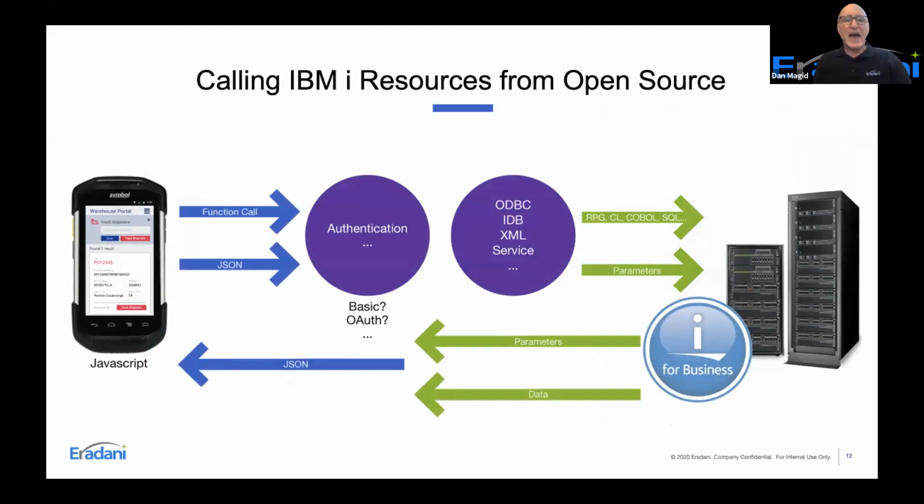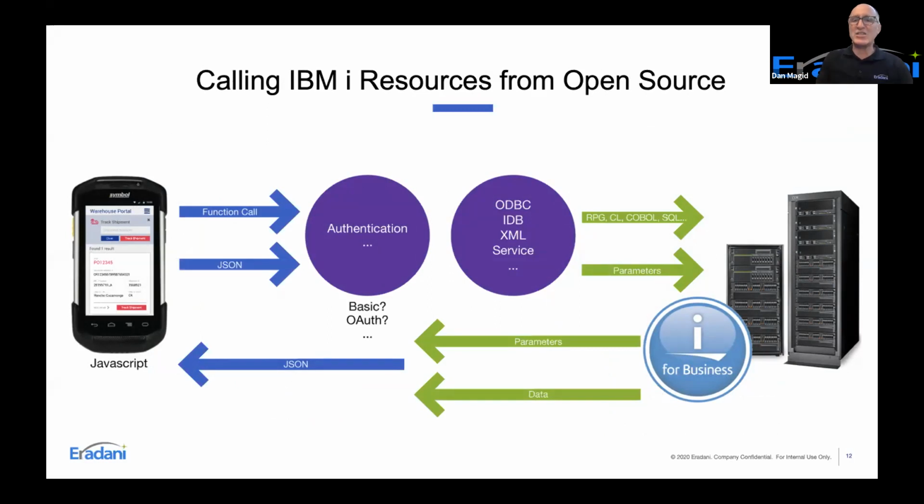So in doing that, you have to have a way to say, okay, I need to get to the IBMI. So the first thing I'm going to have to do is authenticate you and make sure I know who you are. And so I need to decide what kind of authentication I am going to use for that. And I'm going to talk about that a little bit more in a second. And then I need to figure out what connection technology I want to use, because there are lots of options about how to connect to the IBMI. You can use ODBC, you can use IDB, which gives you direct IBMI database connections, XML service, which lets you call programs.